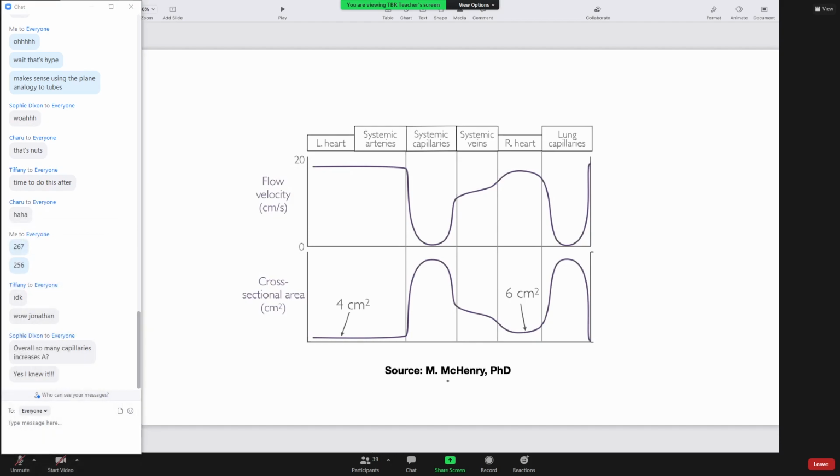There's going to be a lot of resistance. And you're also going to have bifurcations or splits in the vessels. So the branching adds more resistance because you'll hit the spot where it branches. So there's a lot more resistance in the capillaries than there is in the arteries.